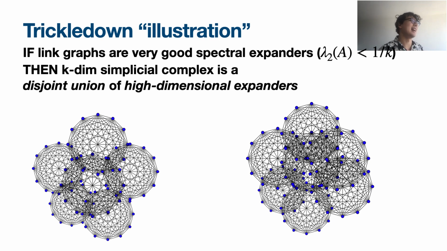If I were to say being locally well connected means you're globally well connected, it's clearly false. Because imagine you have Earth and Mars, and Earth is very well connected and Mars is very well connected. You can't tell from the local properties that these are actually two separate places that you can't get between. But the amazing thing about trickle down is that except for this obvious counterexample, it's actually true.